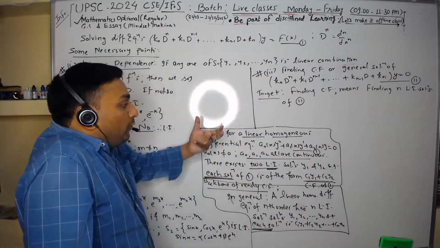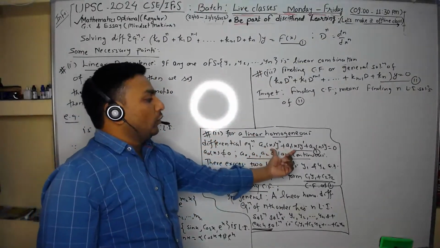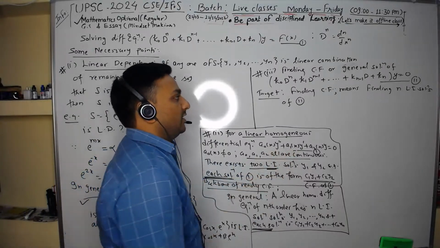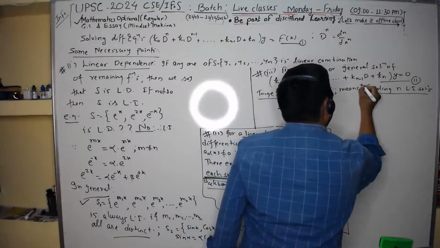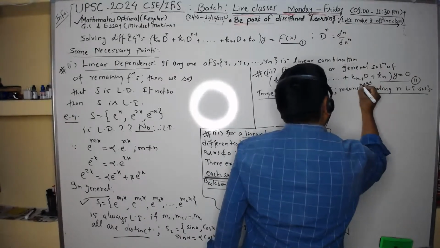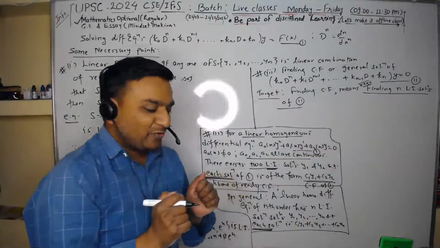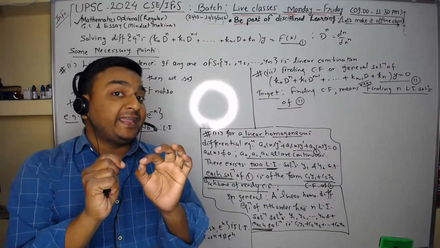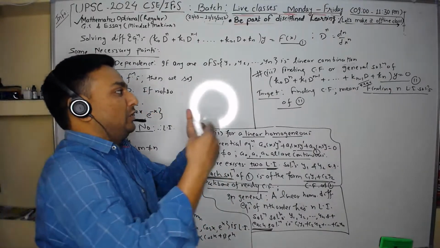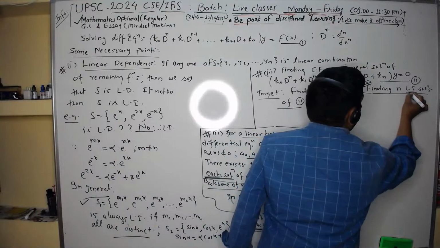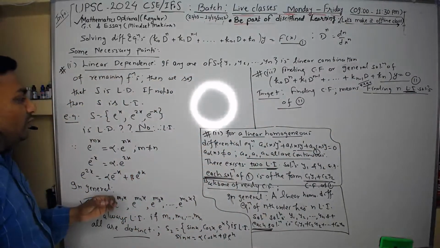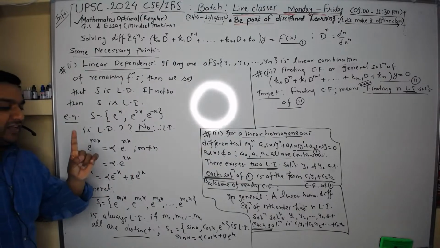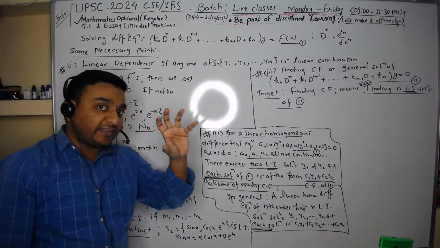Ultimately, when you want to solve a linear homogeneous differential equation, your target is to get this. Please mark a star here. What do you wish to have? Finding n LI solutions. Please highlight this. Okay, so linearly independent. Pay attention, this is where your whole crux is.